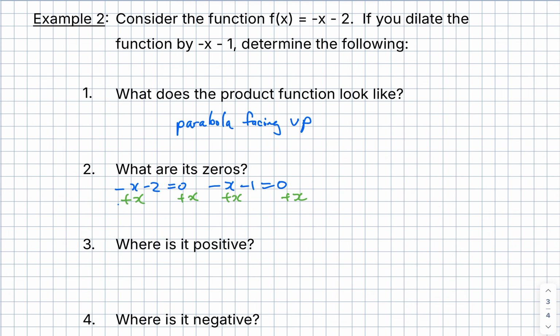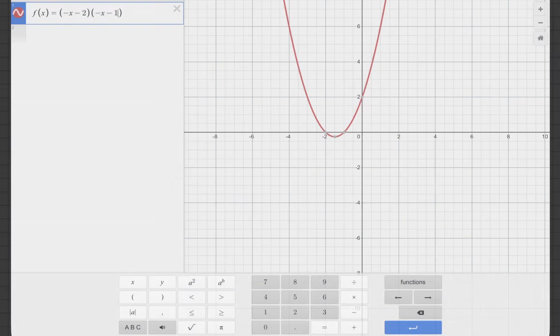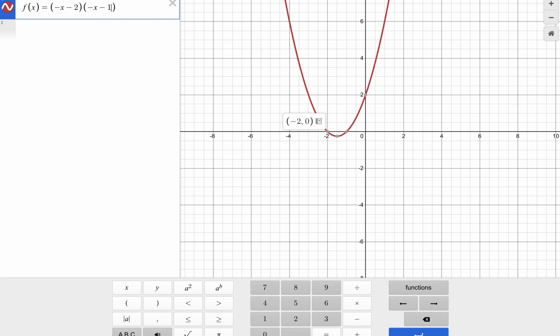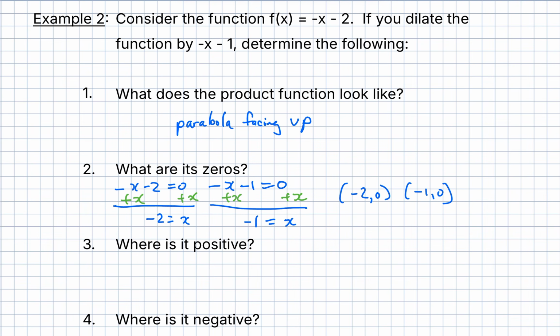And we solve both of these equations. This works out to negative 2 is equal to x, and this one is negative 1 is equal to x. And so my zeros are negative 2, 0 and negative 1, 0, which is consistent with what we saw on the graph. Okay, so those are our zeros.